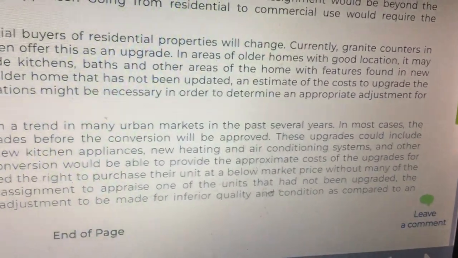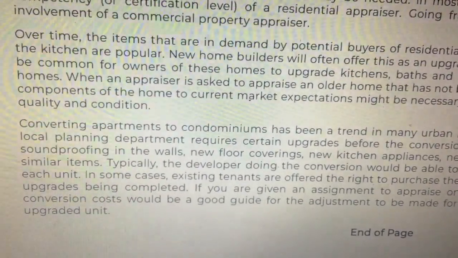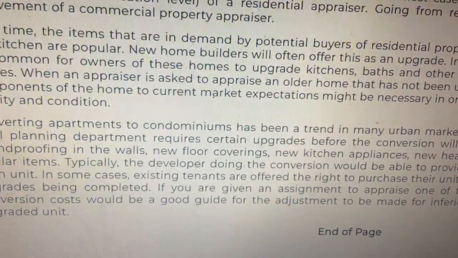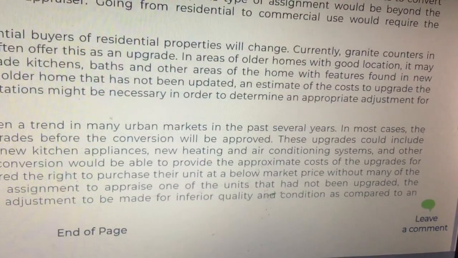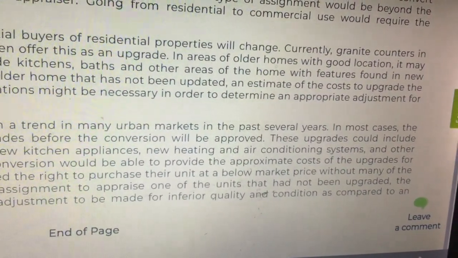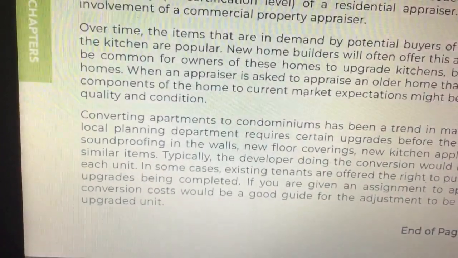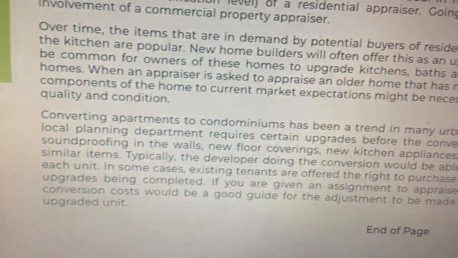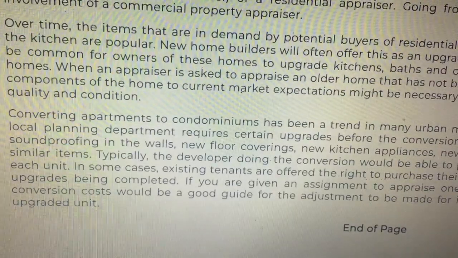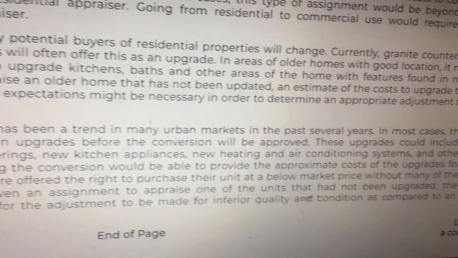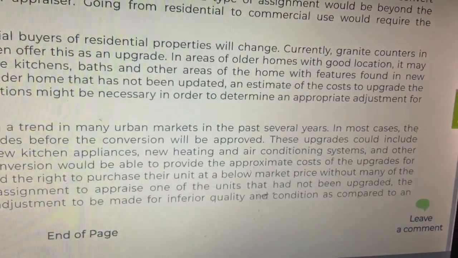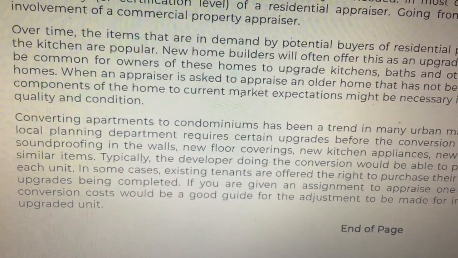These upgrades could include soundproofing in the walls, new floor coverings, new kitchen appliances, new heating and air conditioning systems, and other similar needs or items. Typically, the developer doing the conversion would be able to provide the approximate costs of the upgrades for each unit.